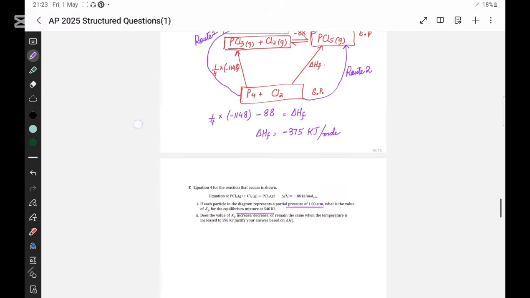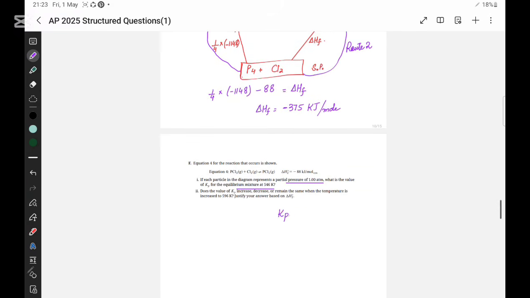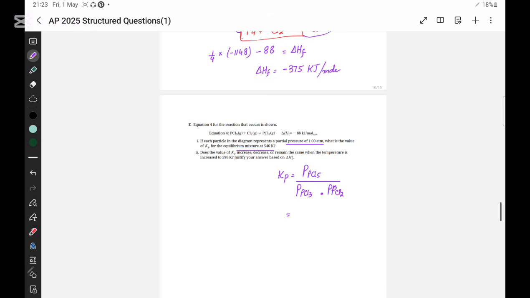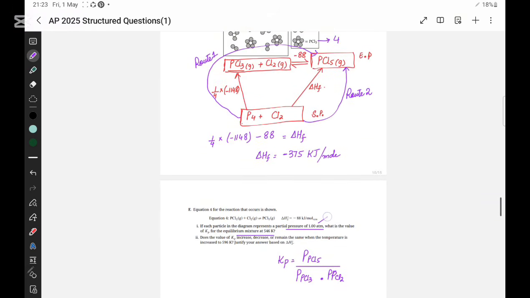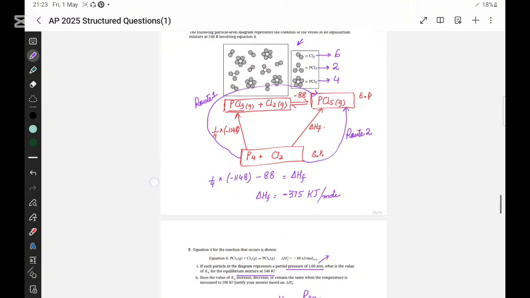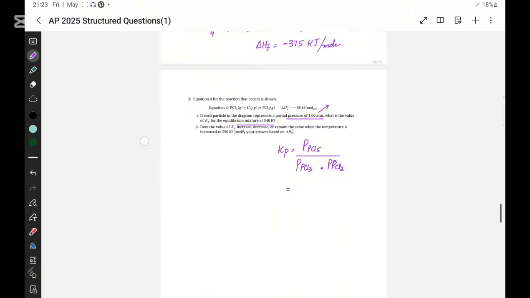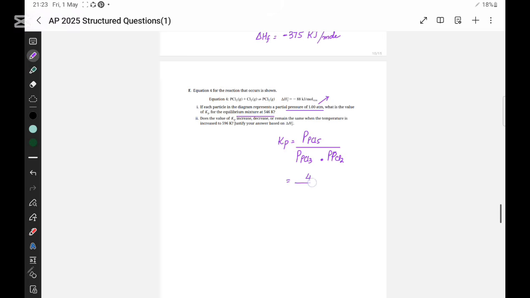So if I'm going to apply the formula of Kp, which is equal to partial pressure of PCl5 divided by partial pressure of PCl3 times partial pressure of Cl2. Now partial pressure of PCl5, how many PCl5 are there? Because partial pressure is of 1 atm, and for PCl5 we have 4 particles there, so I'm going to put 4 there.